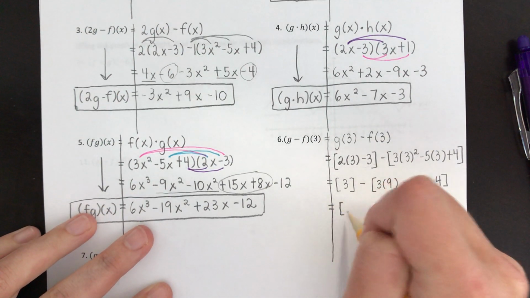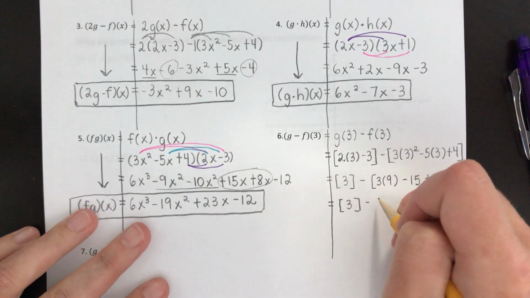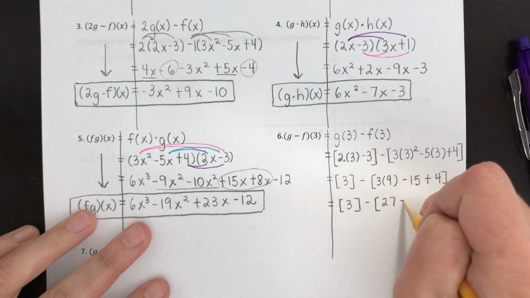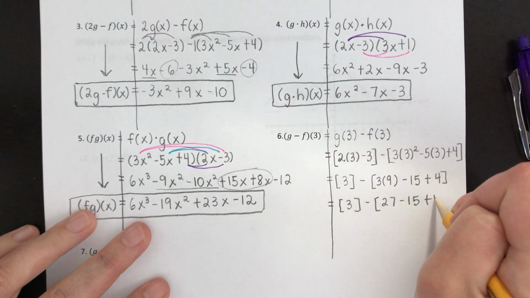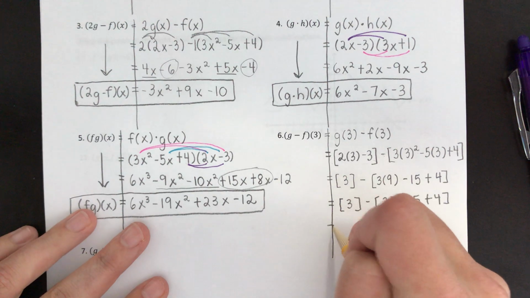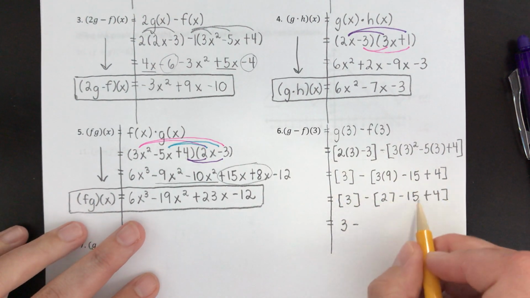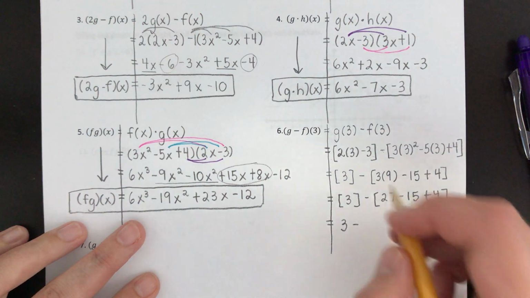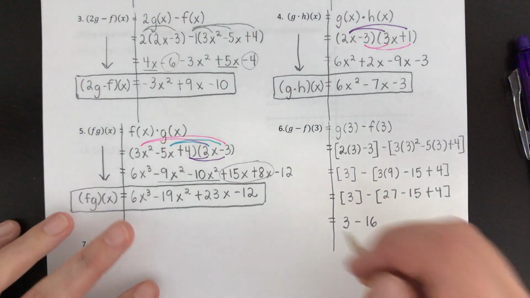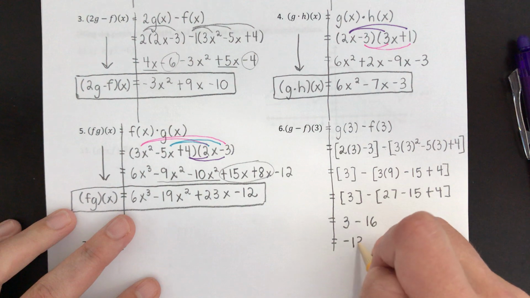So then I've got 3 minus 3 times 9 is 27, so 27 minus 15 plus 4. And really the bracket here isn't even necessary anymore. 3 minus, this is going to become 12 plus 4 is 16. So 3 minus 16, which is negative 13.